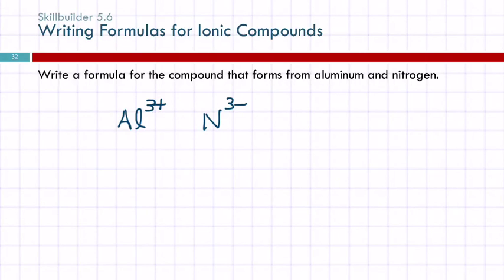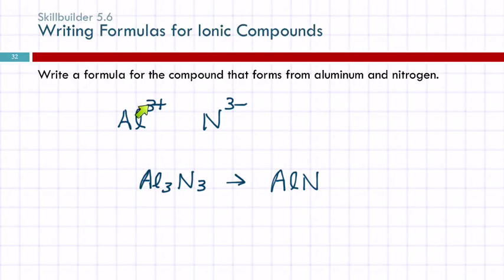So if I crisscross these, what am I going to end up with? Al3N3. Well, could that be reduced, 3 to 3? Yeah, I could. We should reduce that to AlN. So one way you can avoid having to reduce things like that: before you crisscross, look at the charges.